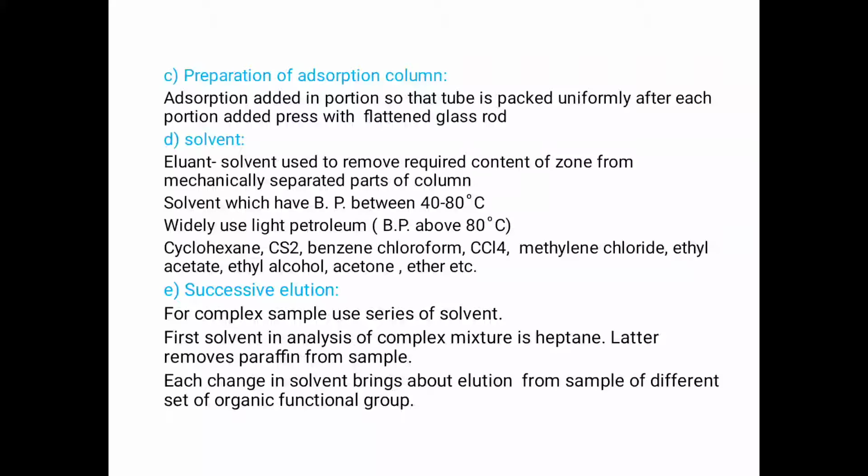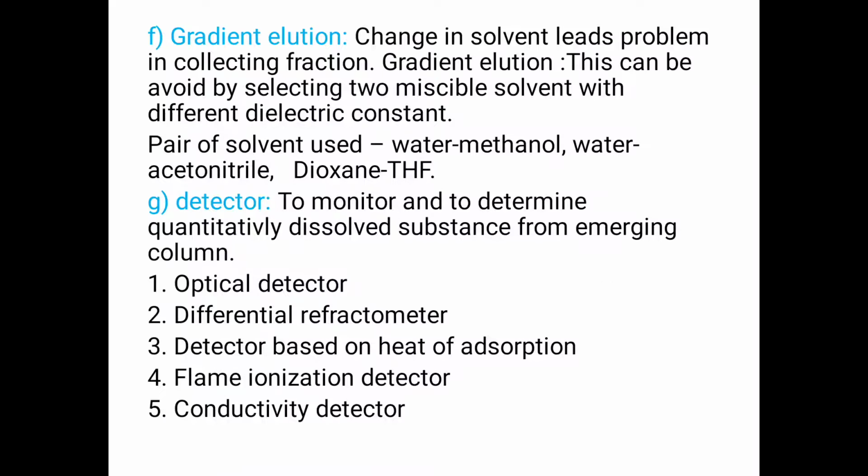Next, gradient elution. In gradient elution, the change in solvent leads to a problem in collecting fractions. This can be avoided by selecting two solvents that are miscible in each other but differ in their dielectric constants.